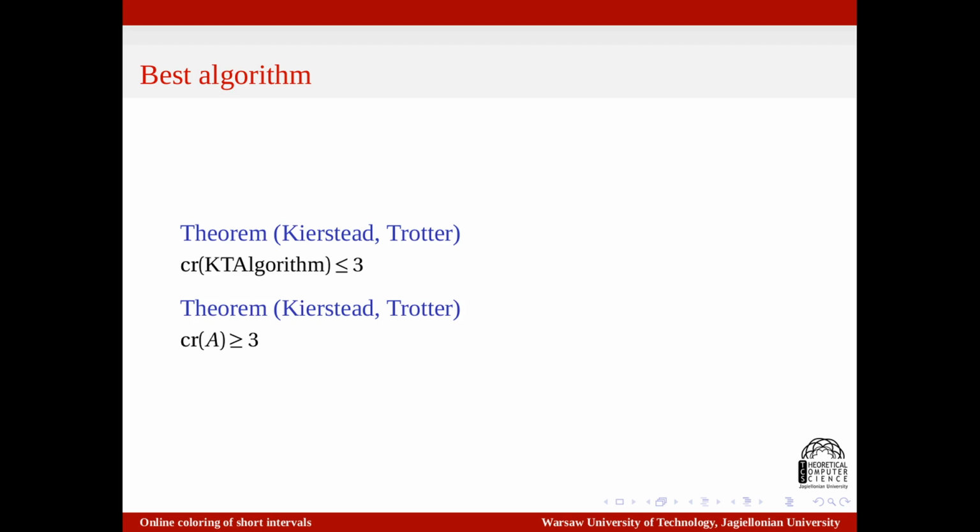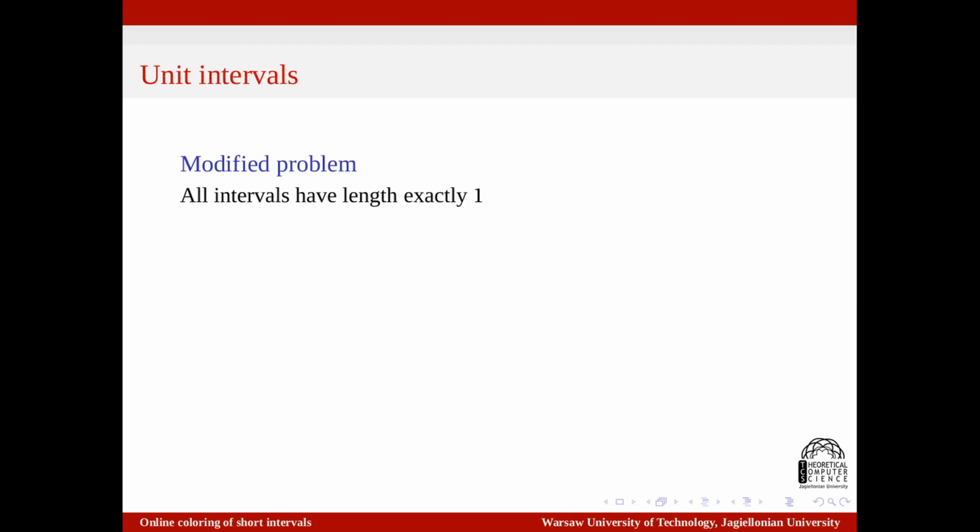And once you agree that limiting the length of the intervals might be interesting, you can limit them as much as possible, and limit yourself to the unit interval case. So you can modify the problem so that all the intervals on input need to have length exactly 1.